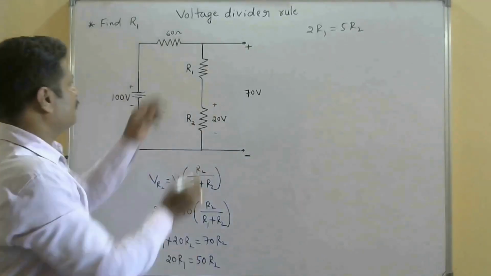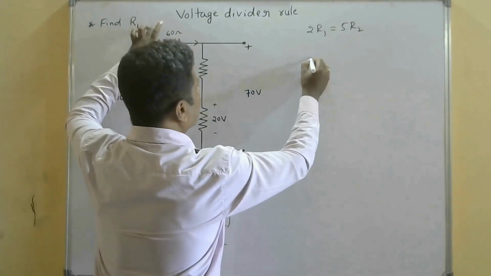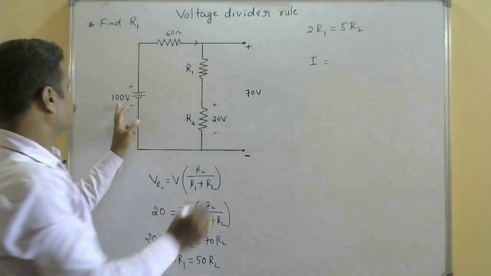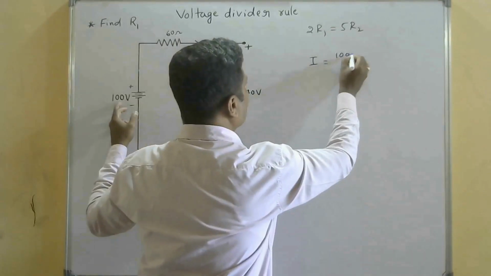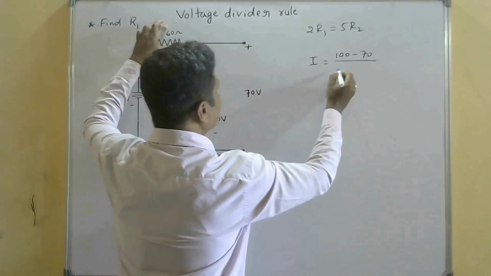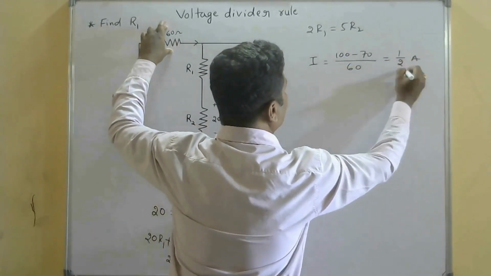Now look at this, the current passing through this one is I, equal to the total EMF. They are connected in opposite order, so we take 100 minus 70 volt divided by the resistance, which is 60, so that we get 1 by 2 amps.